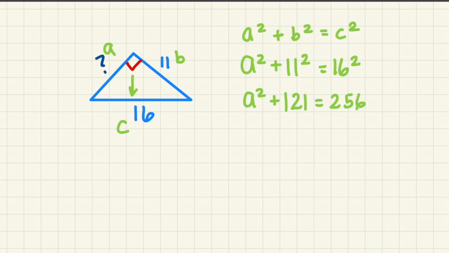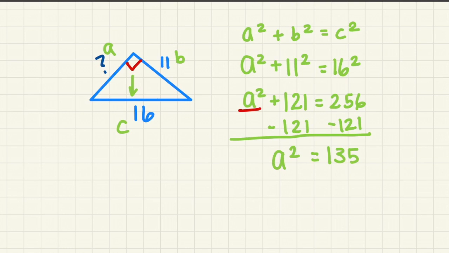Now my next step that I do, I'm trying to figure out what a is. So I need to get a by itself on that left-hand side. So the way I do that is I subtract 121 from both sides. Therefore, I now have a squared on my left side, and then 256 minus 121 is 135.